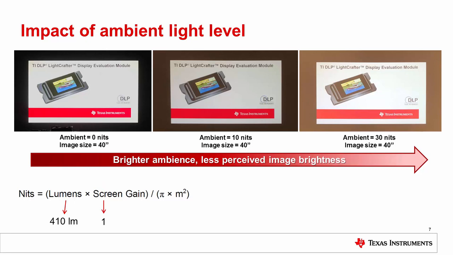With a known image diagonal size of 40 inches and aspect ratio of 16:9, we can calculate the width, height, and area of the image. Plugging these values in the formula, the image brightness is about 296 nits. Based on the example shown here, we can see that this level of image brightness looks too bright for a darkroom environment such as a movie theater. That's why the cinema industry standard for image brightness is relatively low, about 50 nits.